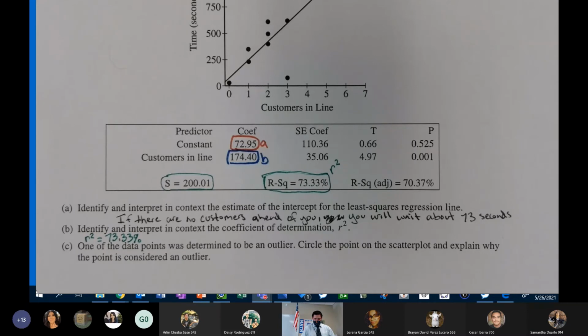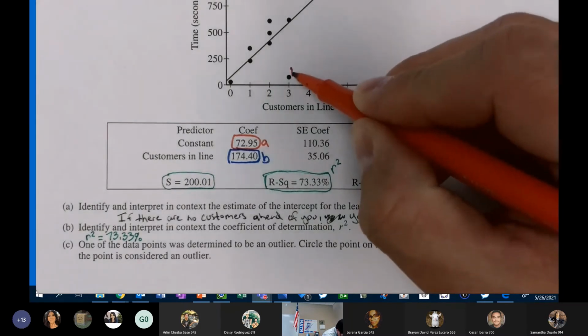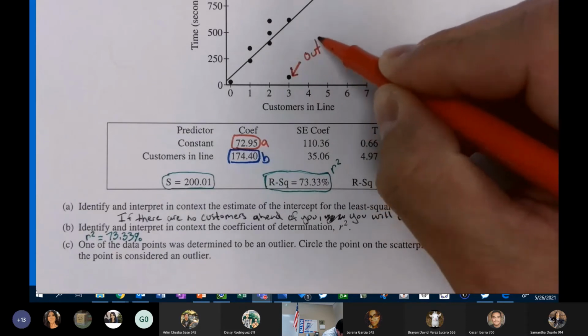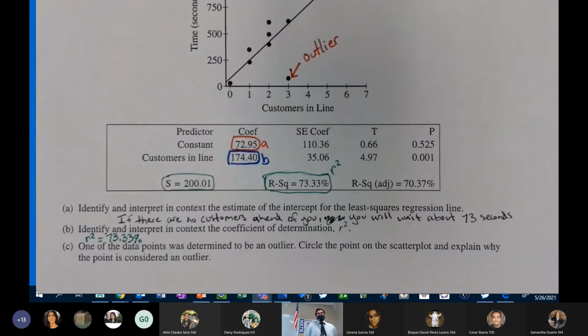Okay. And then one of the data points was determined to be an outlier. Circle the point on the scatter plot and explain why the point is considered an outlier. All right. The outlier is going to be this point right here. It is very far away from our regression line in the y direction, but also in the x direction.